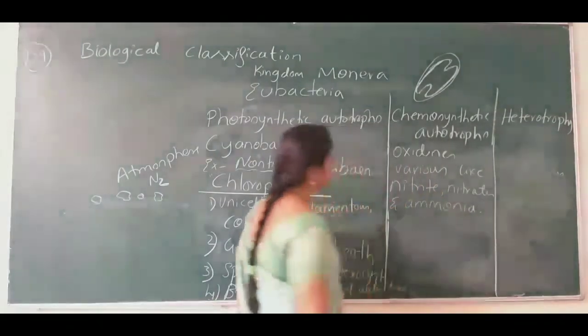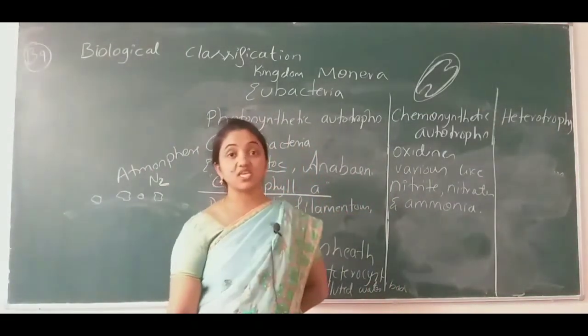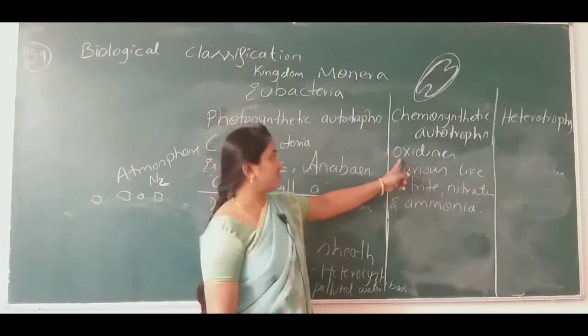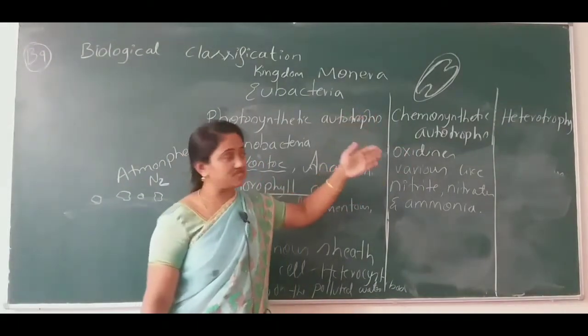Okay, so this is the first feature of chemosynthetic bacteria. What is the chemosynthetic bacteria? I'll tell you in short, because what is the purpose of writing the features of chemosynthetic bacteria?